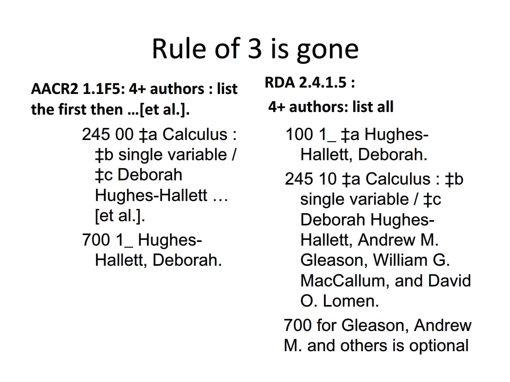That is, the first author gets a preferred access point instead of an added access point. And 3, it's only required that the first named author gets credit. That is, the first author is in the 100 field, but none of the additional authors have to be placed in 700 fields. It's optional.